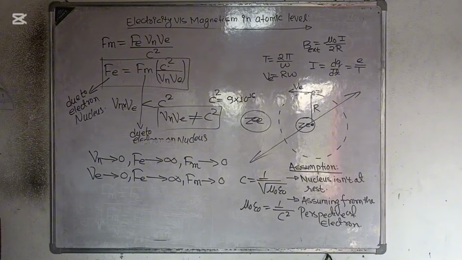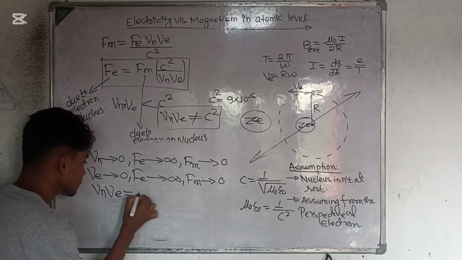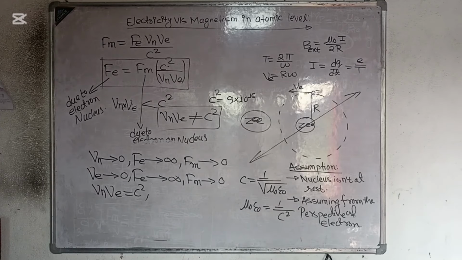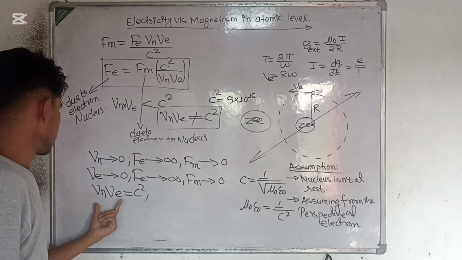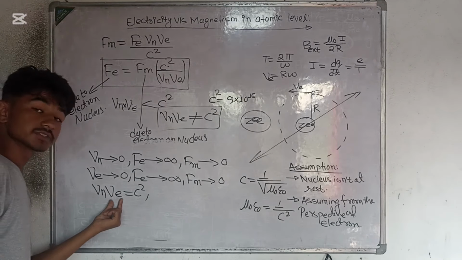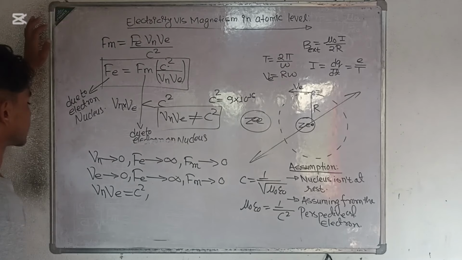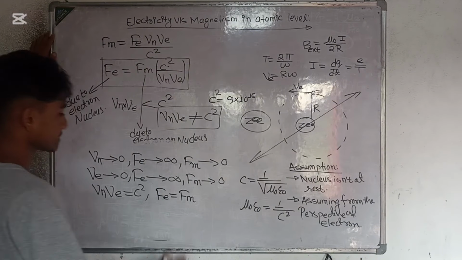Now let us do another assumption: what if Vn Ve equals C squared? What would happen here now? So now we are assuming that the product of the velocity of the nucleus and the velocity of the electron is equal to C squared. Then you will end up getting F equals Fm.